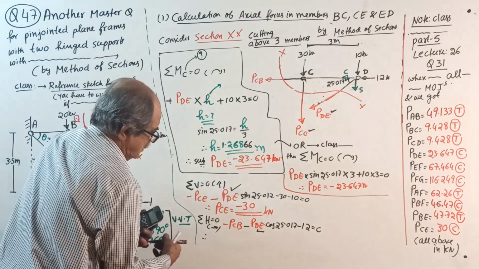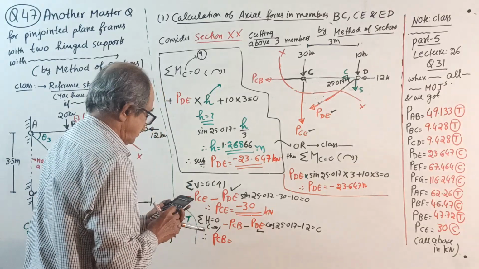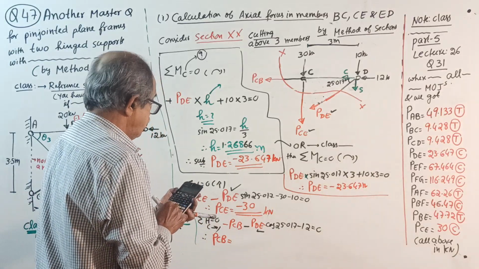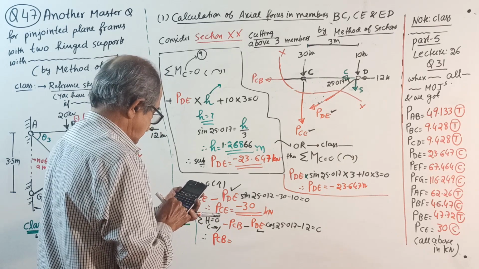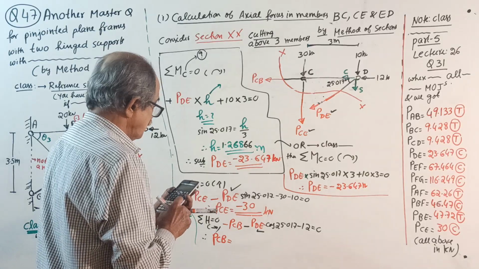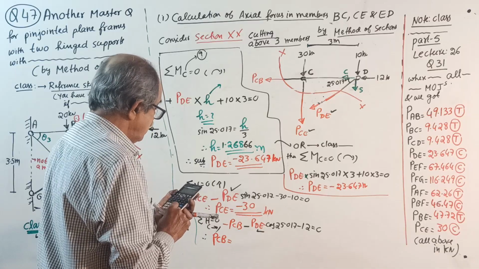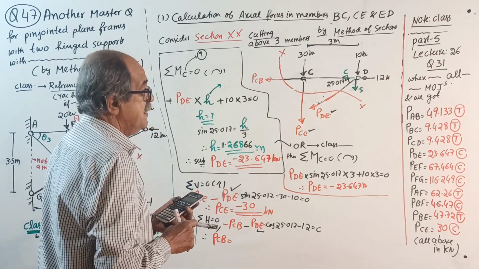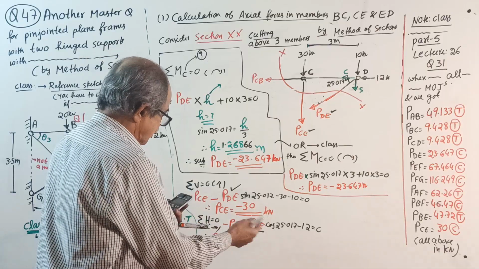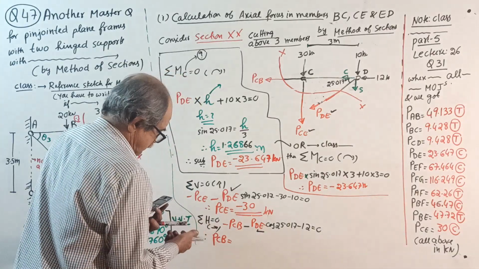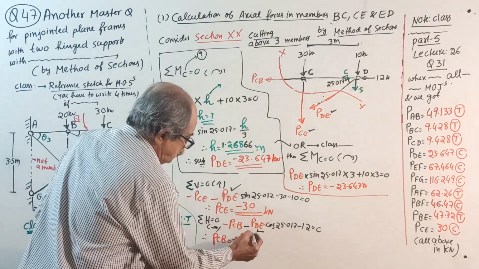Therefore, substituting, you get PCB. 23.647 into cos 25.017 is something, then minus becomes plus, minus 12 is minus 9.428. Minus 9.428 is minus PCB, so it will come plus by mathematics, plus 9.428 kilonewton.